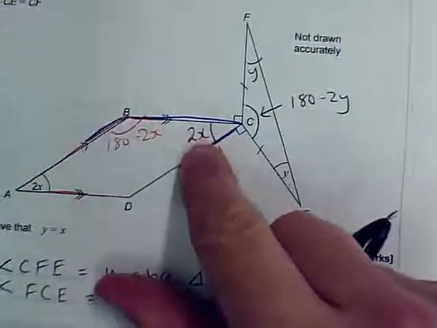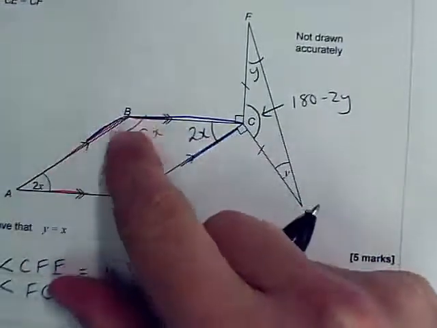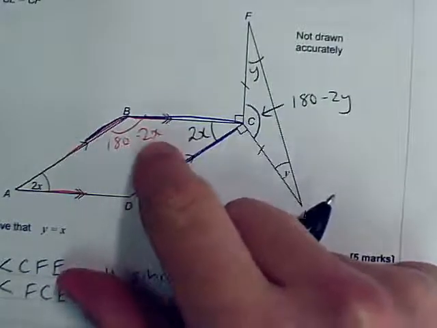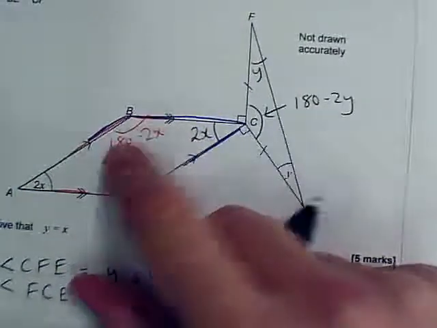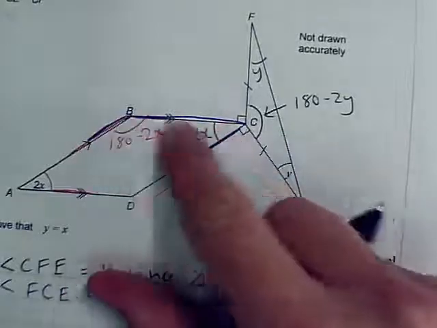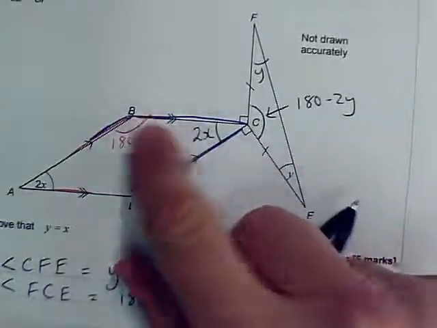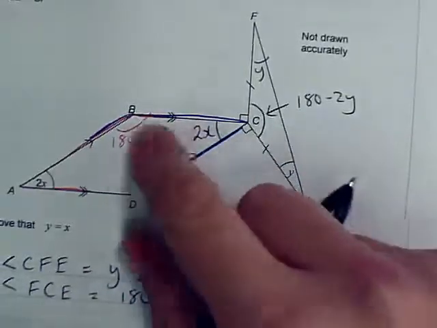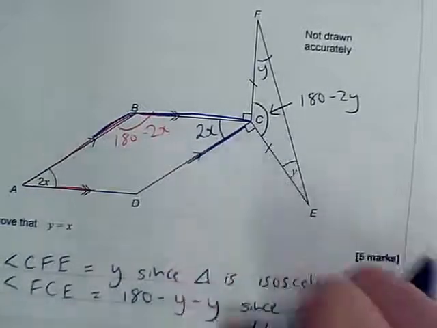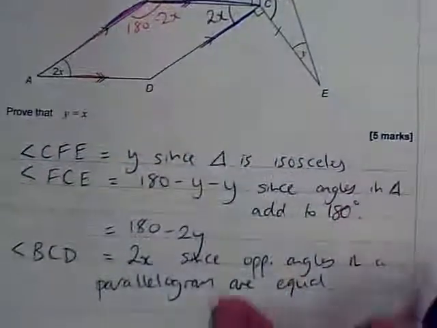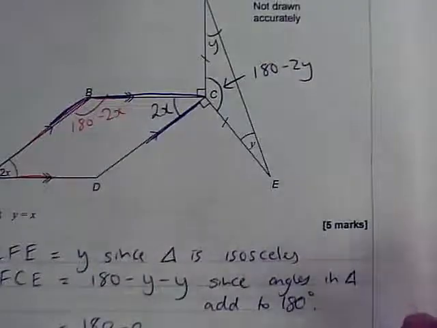So you could justify that that's 2x by saying that this angle has to be 180 minus 2x because co-interior angles add up to 180, and because of that, this angle must be 2x, because that's what is needed for this to add up to 180. You get the marks as long as you explain that in your reasons too.